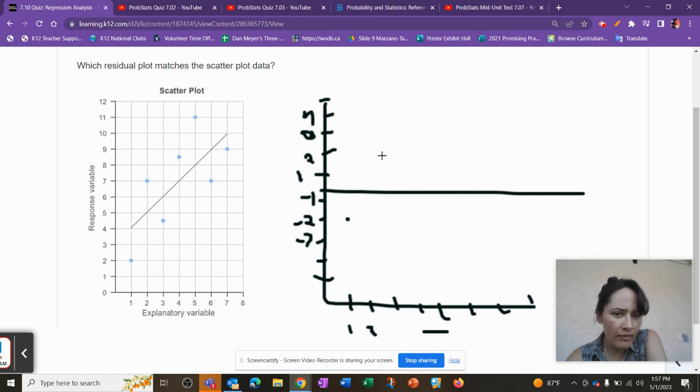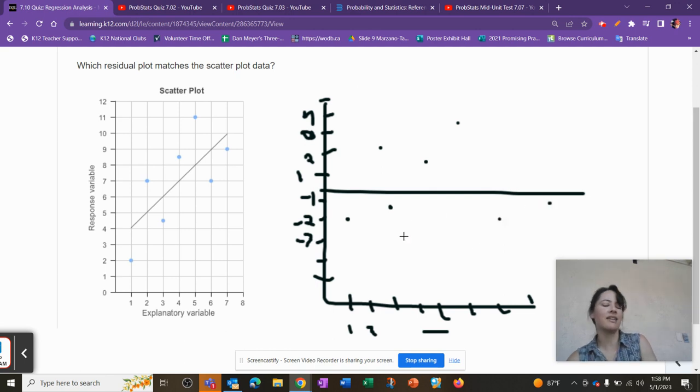At 2, we would have a +2. At 3, we'd have like a -1/2. At 4, we'd have a +1/2. At 5, looks like we'd have a +3. At 7, looks like we'd have a -2. And looks like we'd have a -1.